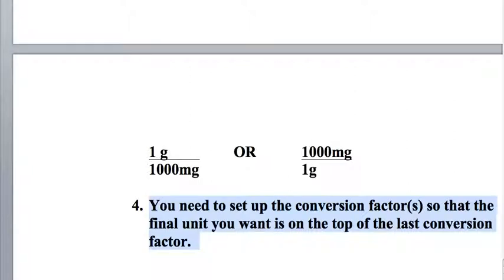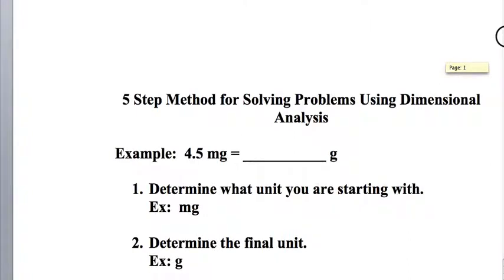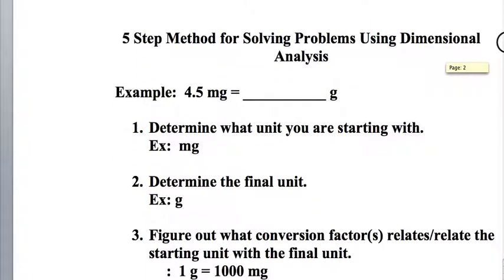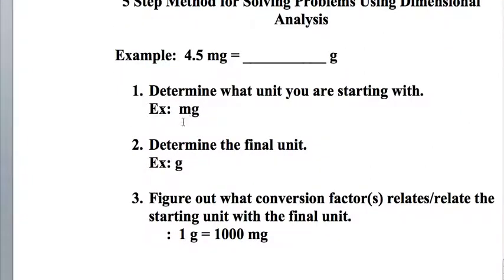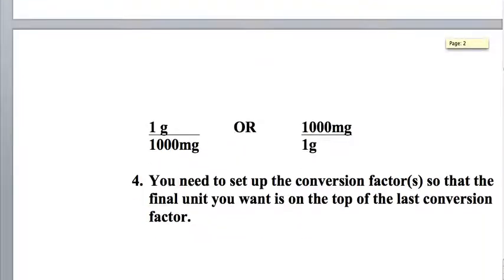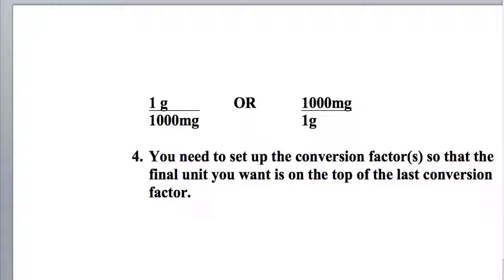You need to set up your conversion factors so that the final unit you want is on top of the last conversion factor. If we scroll back up to the top, remember, the final unit we're looking for is grams, and our conversion factor directly relates our starting unit, milligrams, with our final unit, grams. So we want to pick the conversion factor where the last conversion factor we have has the unit we want in the end.